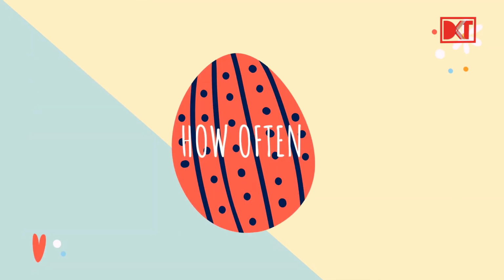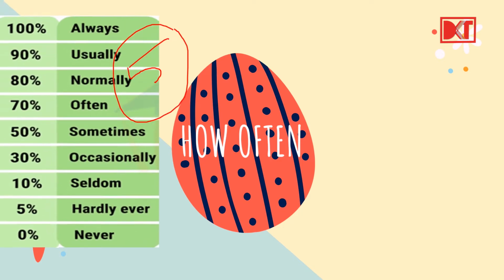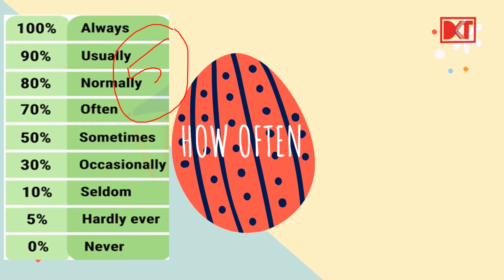Now next, this is the fifth category of adverbs, telling us how often does something happen. Frequency. Okay. So now this is the chart that I have made so that you can understand how often adverbs.